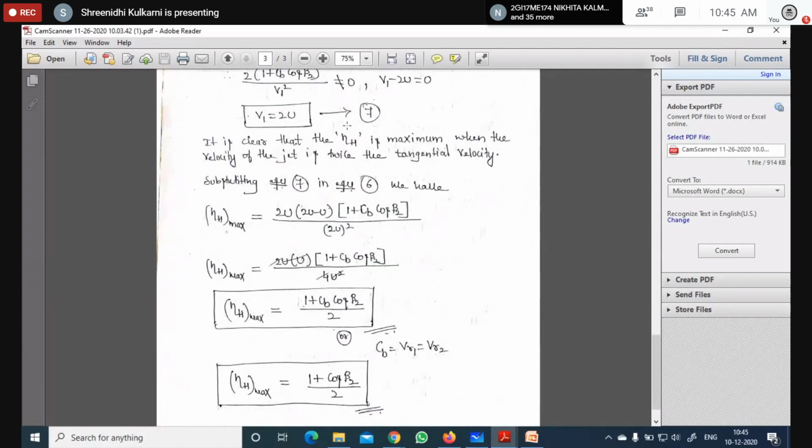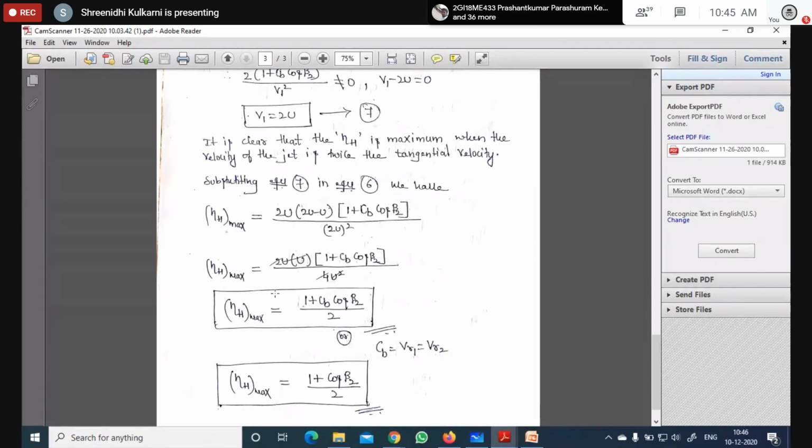Substituting equation 7 in equation 6, the maximum hydraulic efficiency is 2u into v1 minus u, where v1 is 2u, into 1 plus cb cos beta 2 divided by v1 square, which is 4u square. So we get 2u into 2u minus u, that is only 1u, into 1 plus cb cos beta 2 divided by 4u square. Here u square will get cancelled, and 2 and 2 will get cancelled.